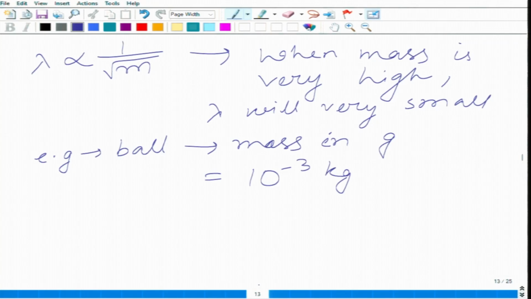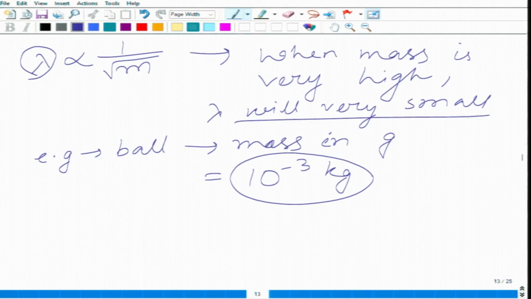So where is 10 to the power minus 27 kg and where is 10 to the power minus 3 kg? This is very large. So wavelength will be so small that it can be neglected. So wavelength can be negligible.